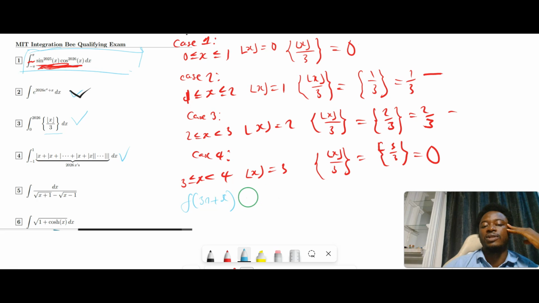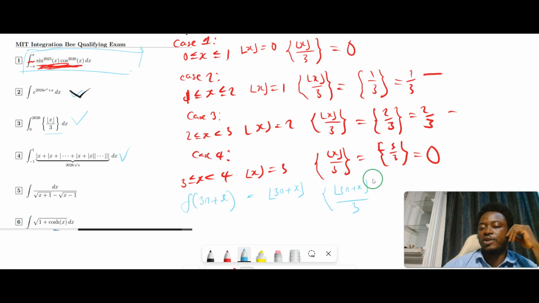Okay, let's consider this case. Then you have the floor of 3n plus x here. Then this will be the fractional part of the floor of 3n plus x, all divided by 3.